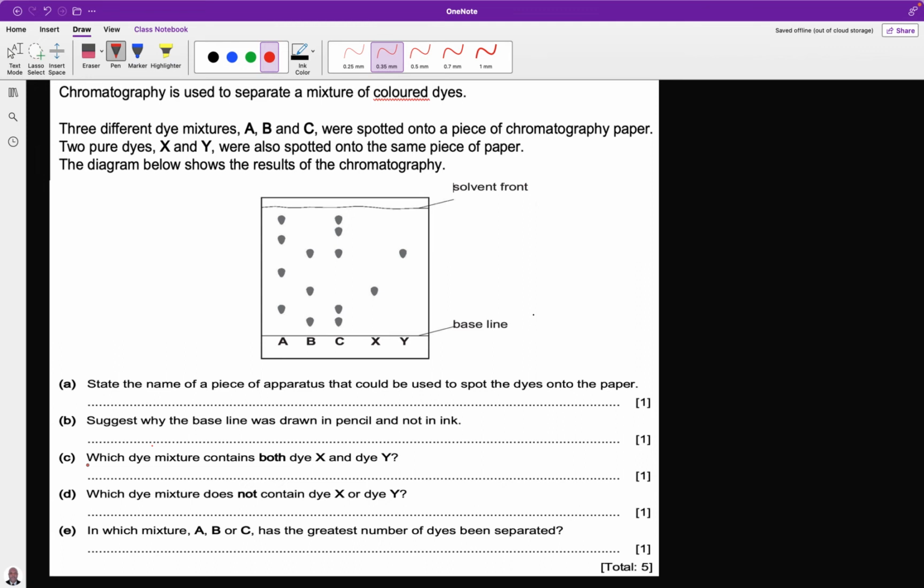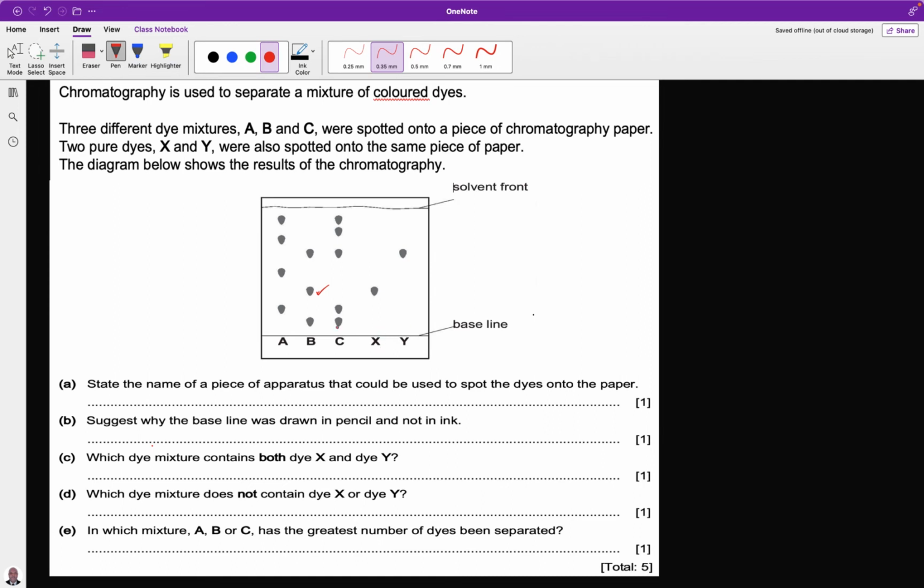Question C: Which dye mixture contains both dye X and dye Y? If you look at it, this is X, the spot here.